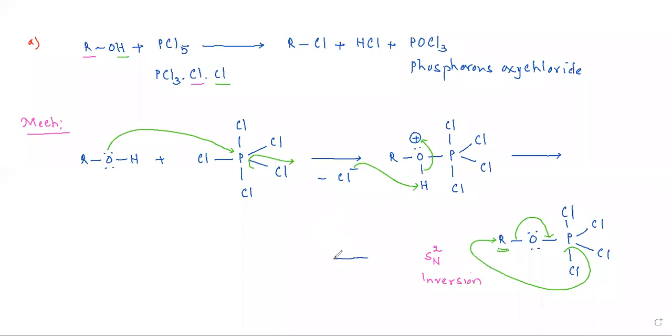Now see what all we get. Alkyl chloride, then of course POCl3. Here anyway we got HCl.